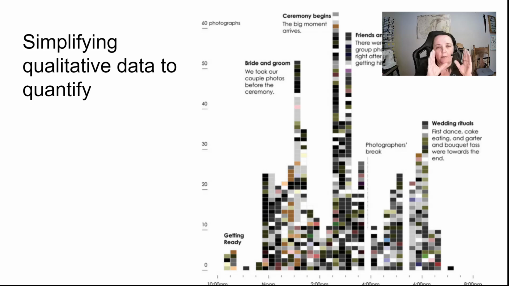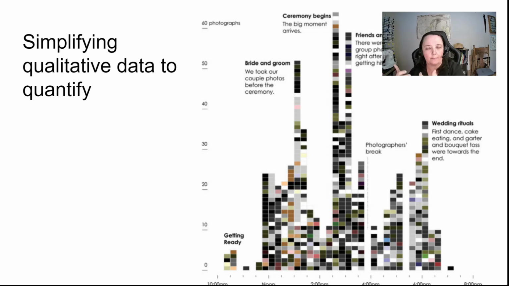So this is one way you can do it. They've created this sort of bar chart of the wedding photographs to give you a sense of the pattern of the photography, what colors were involved in the wedding, when most of the photographs were taken, and you can start to see that patterns are emerging about what were some of the most important things to take photographs of, right?